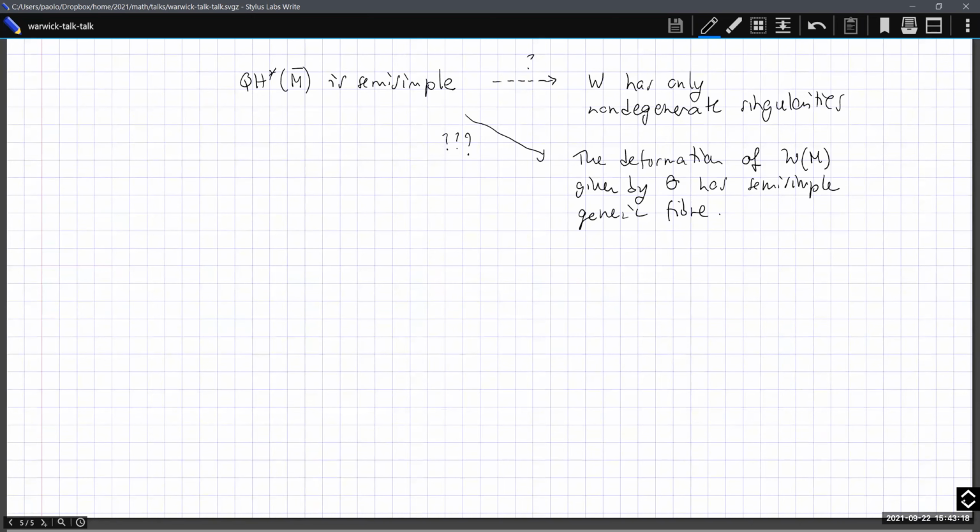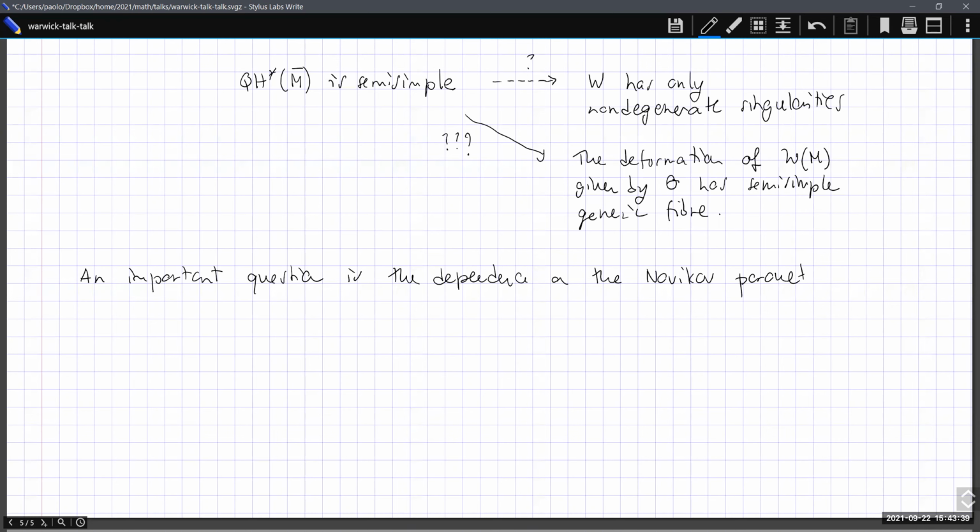So, an important question here is the dependence on the Novikov parameters. So lambda or lambda bar, right?